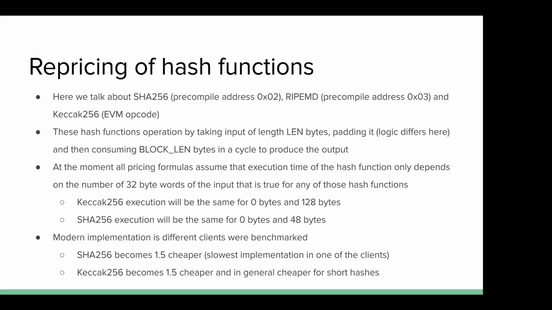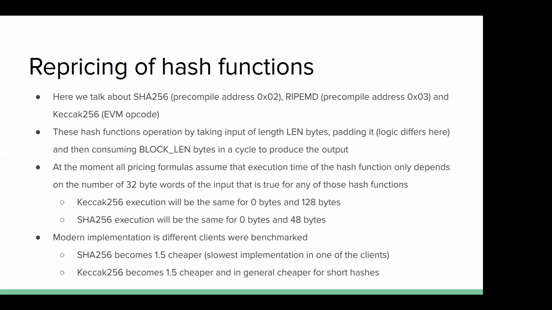No, it's actually like, for example, I didn't want to place explicit formulas here, but for Keccak, it's much simpler. It steps on 136 bytes only, so just in equal chunks. For SHA, it's a little bit different.